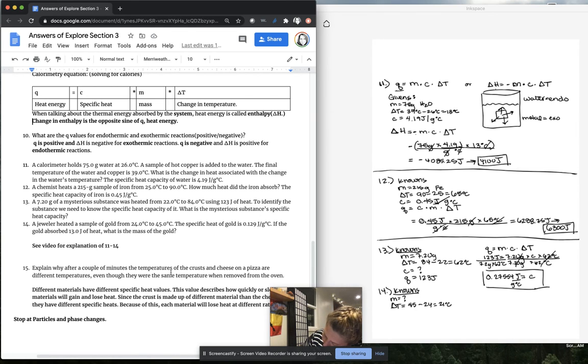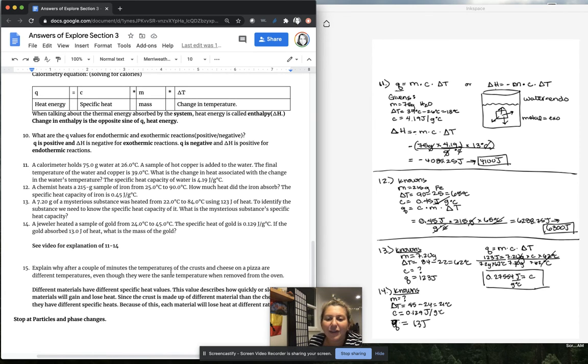My C value was given to me as 0.129 joules per gram degree Celsius. And my joules for the entire problem is actually my Q value, sorry about that, is equal to 13 joules.